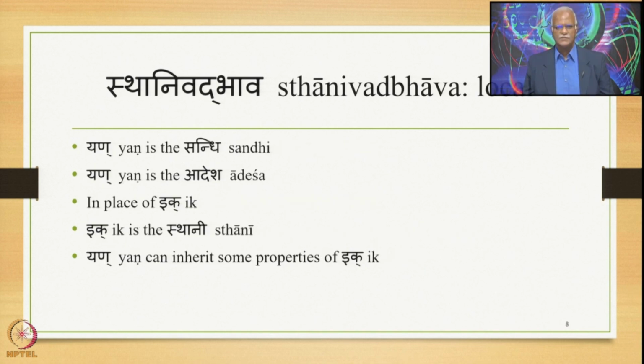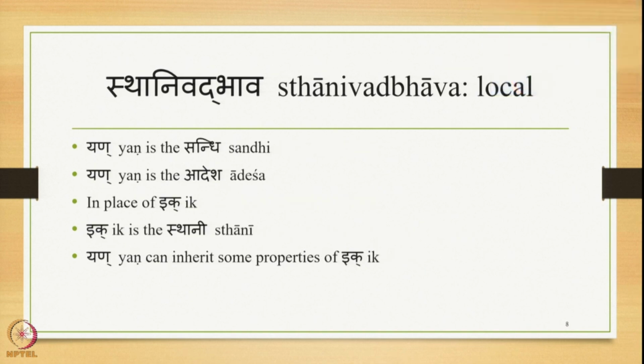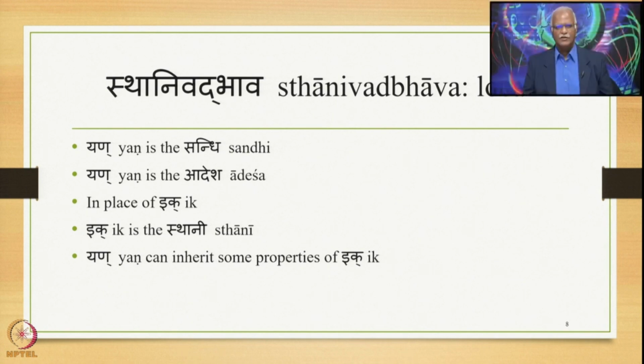If we apply the technique of Sthanivat Bhava in the local situation, that is to 6177, we note that Yan is the Sandhi, which means that Yan is the Adesha, and this Adesha has taken place in place of Ik.